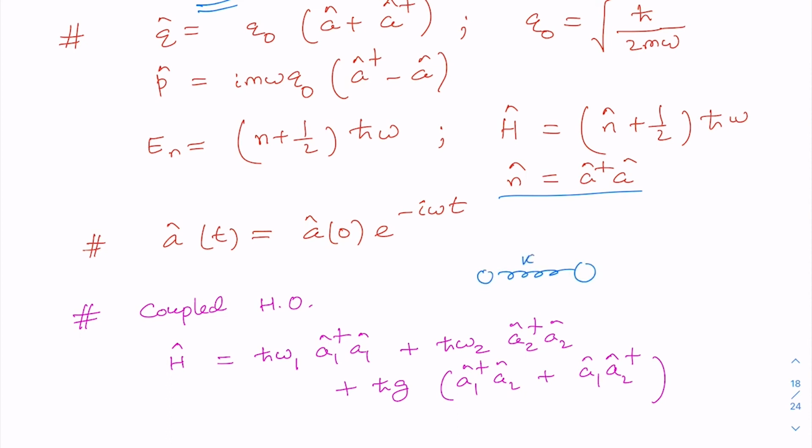So here we have harmonic oscillator 1 and harmonic oscillator 2, having spring constant k0 and masses m1 and m2. Then we learned how to write down the Hamiltonian for this coupled harmonic oscillator system in the so-called rotating wave approximation.